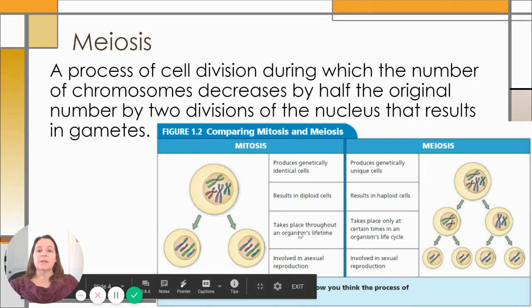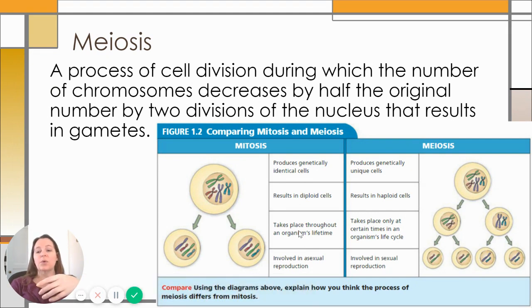This takes place over the course of your entire life and in any organism. From the time it's a little bitty fertilized zygote, mitosis is what causes the organism to grow and get bigger. It's also how an organism replaces cells that are damaged or worn out.